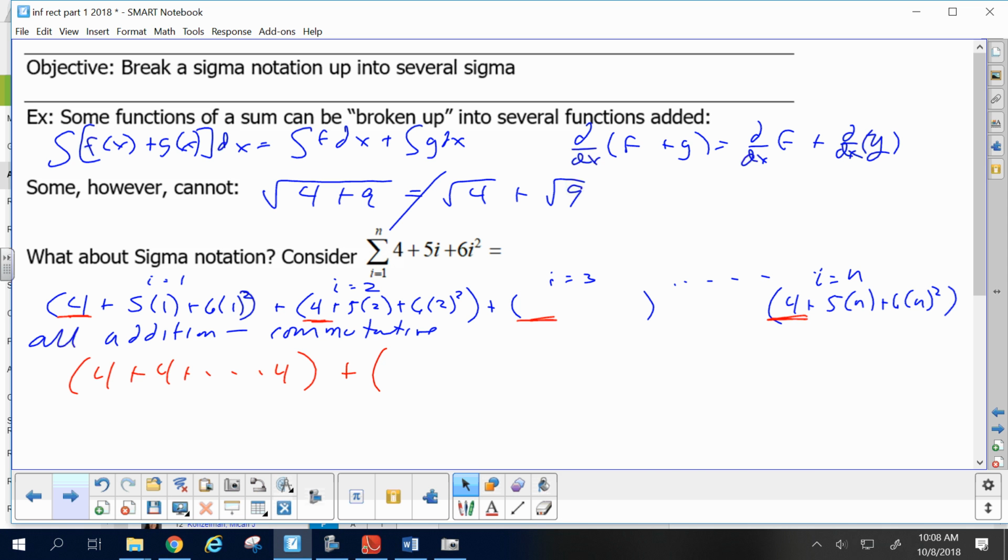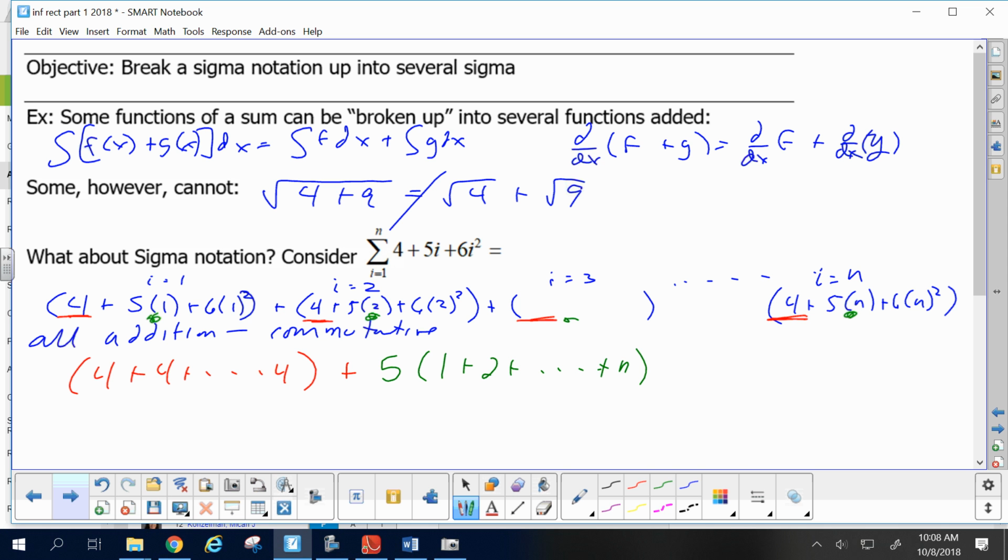Likewise, I could find all those 5s, and all those 5s would have a common factor of 5 out front, and I could just say 1 plus 2 plus and so on plus n. And then I could say, look at all those terms with the 6. I could rearrange it so all those are together, and I could put a 6 out front. And inside, I'd have 1 squared plus 2 squared plus 3 squared through n squared, yeah?